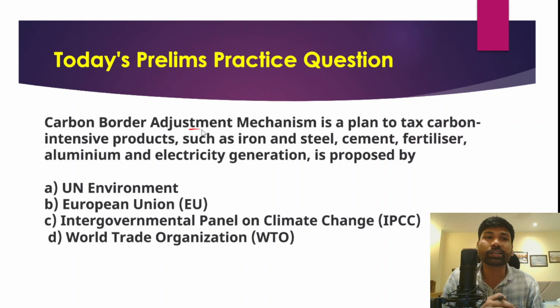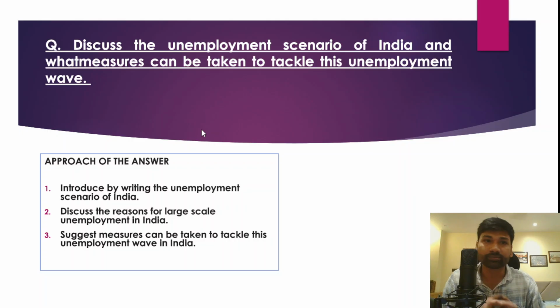So that is being proposed by which of the following organizations? Options are A, UN Environment, option B, European Union, option C, Intergovernmental Panel on Climate Change, and option D, World Trade Organization. This is a very easy question because we have already discussed it in the previous classes. Try to answer this question in the comment section.